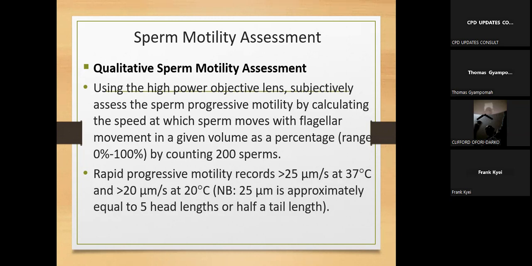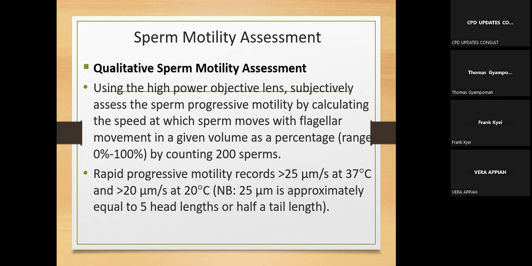Strict criteria is saying that if the thing should be less than 50 micrometers, even if you have it 52, it should be considered as abnormal. Strict. That's how come now sperm morphology has been set at 4%, because you are making it so strict that any small abnormality which could have been overlooked is now considered as abnormal.